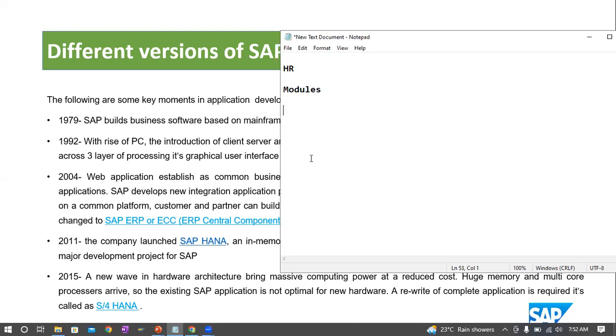So that means at the front end they are using a separate application, and in the background it will store in SAP. Here we are using two applications, right?